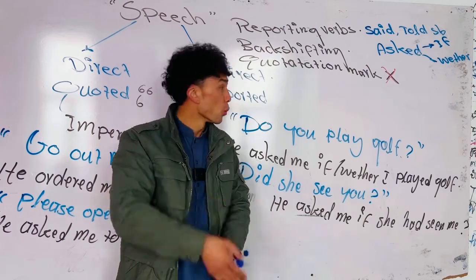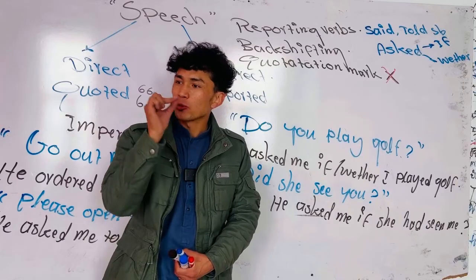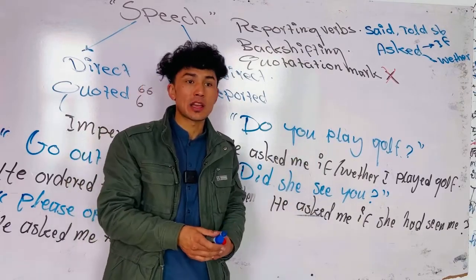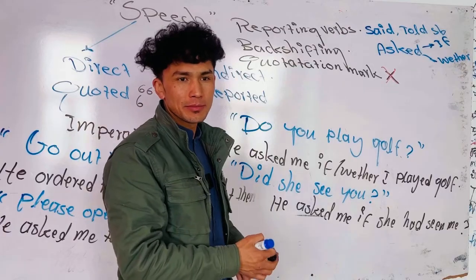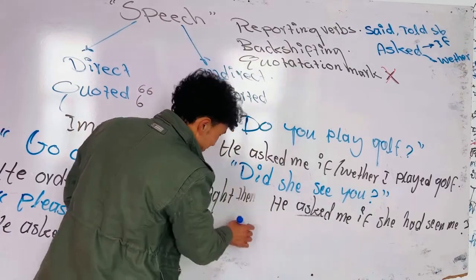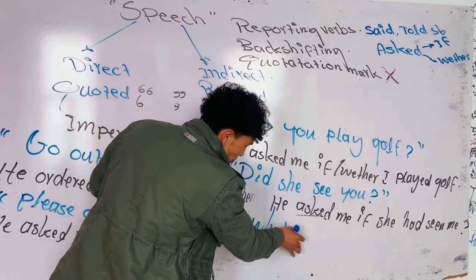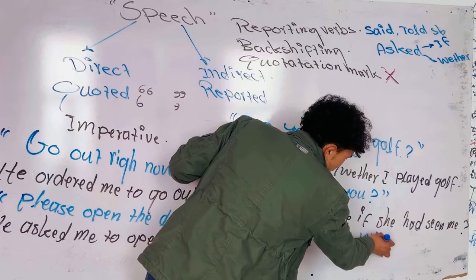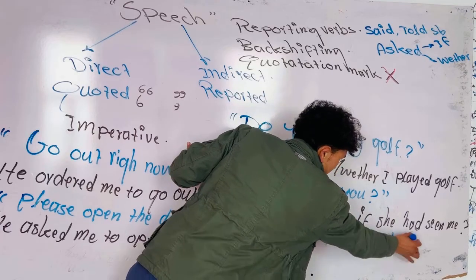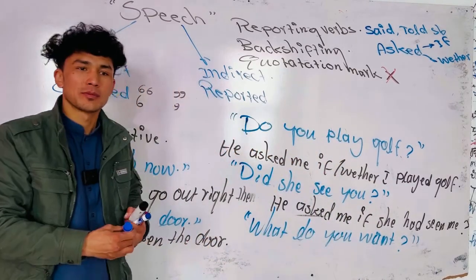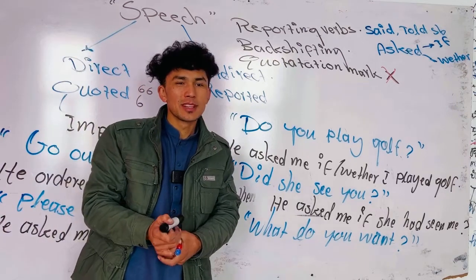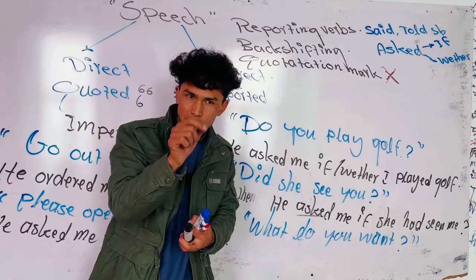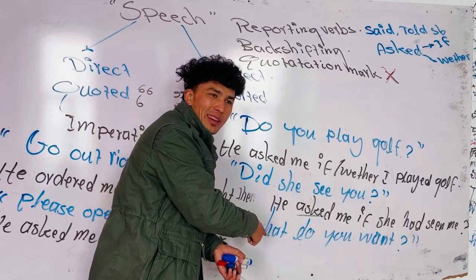That's all. What if the question is an informative one? These were yes/no questions. For informative questions, for example, what do you want? He asked me what you want. How simple this is. If you understood noun clauses fully, you'll not have any trouble with this.